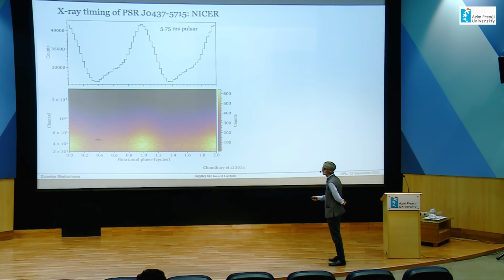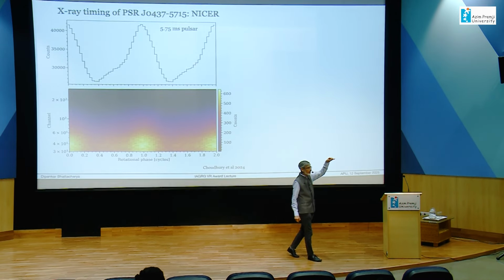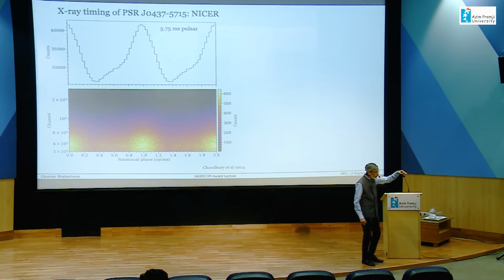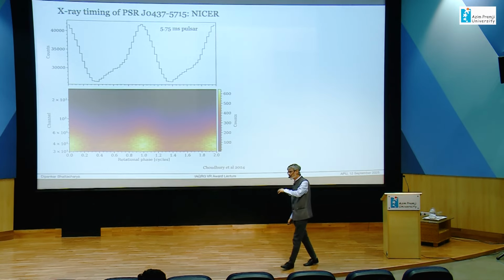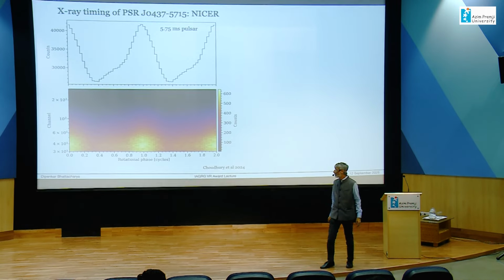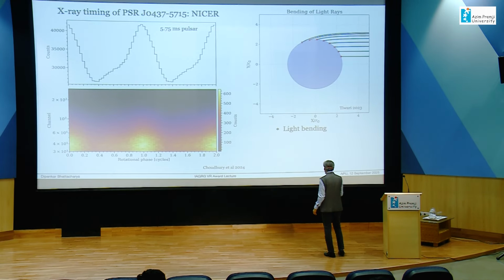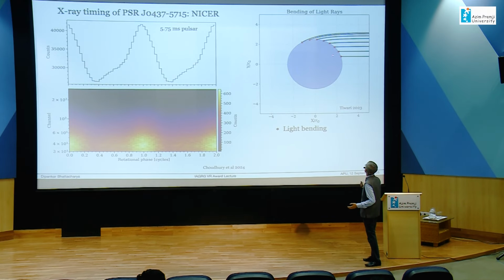And once you now try to interpret this, you will note that any point on the surface of the star which is emitting radiation gets modified when it comes to the observer due to several relativistic effects. One is light bending, something that I have already mentioned. So here's a diagram.